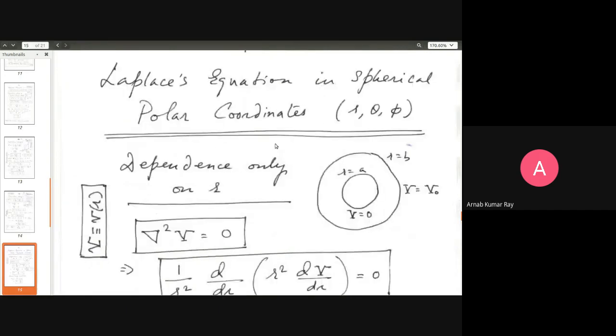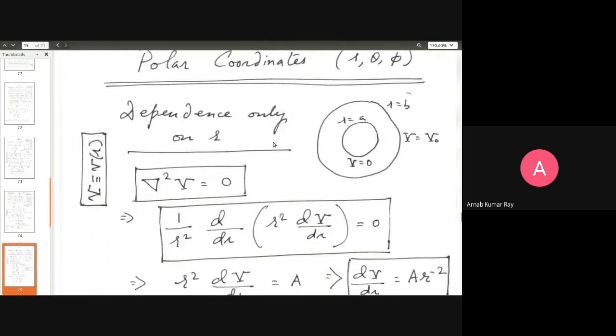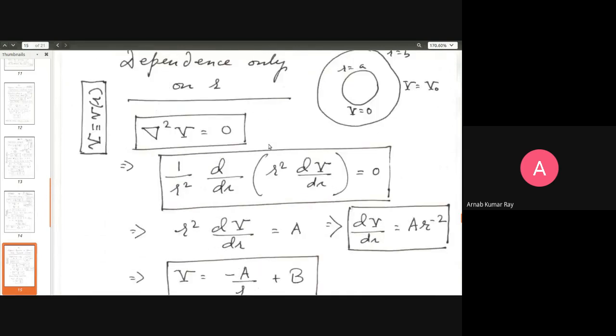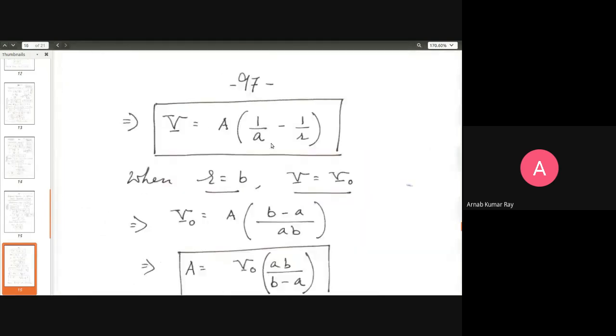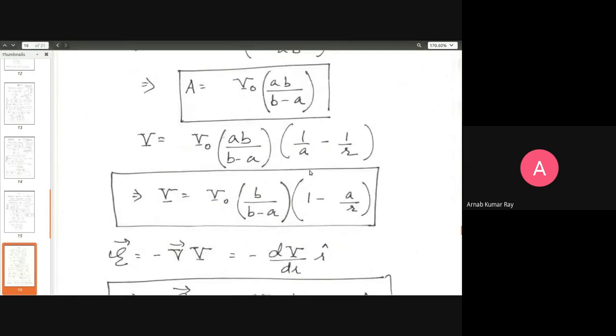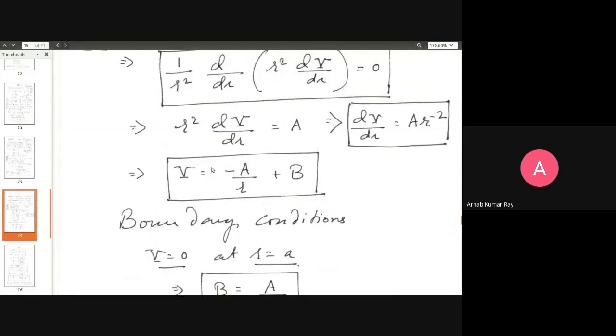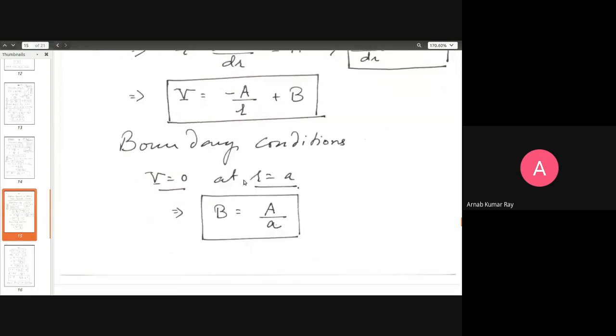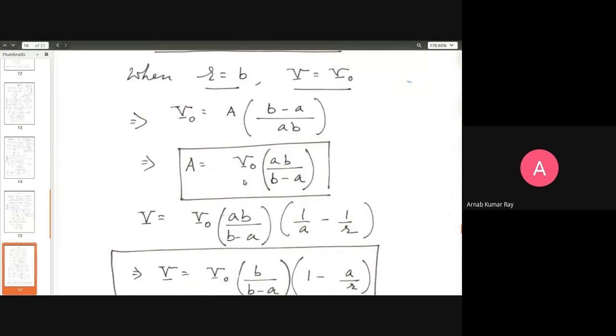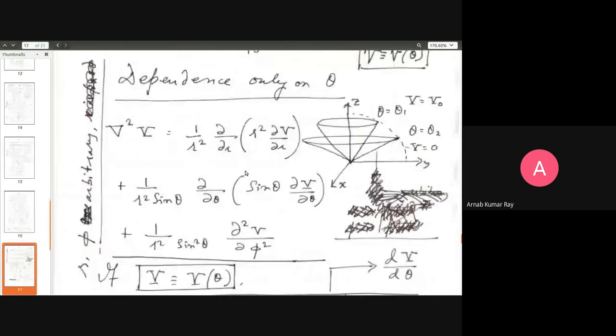Then in the polar coordinate system, we have got r, theta, and phi. R does not give the equation of a straight line. It gives a 1 upon r kind of dependence. See that? Minus a by r, not a into r, 1 upon r kind of dependence. Theta is algebraically the most complicated.